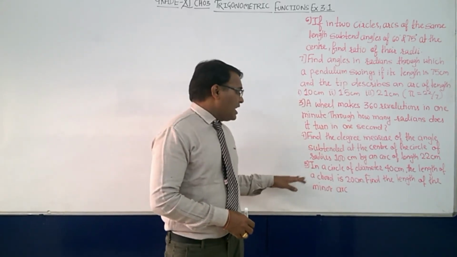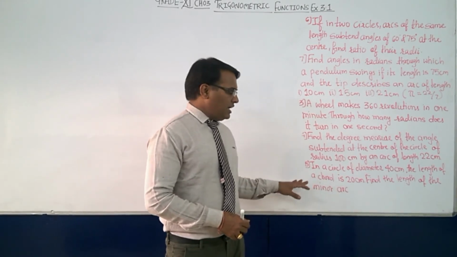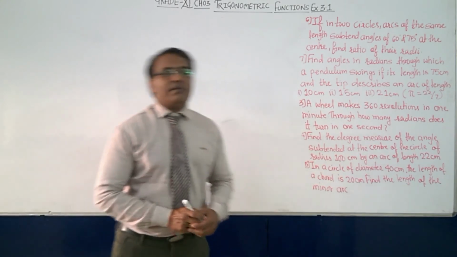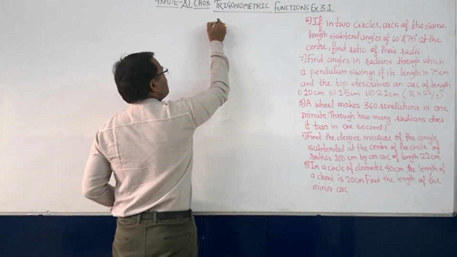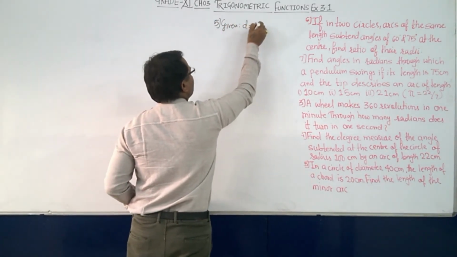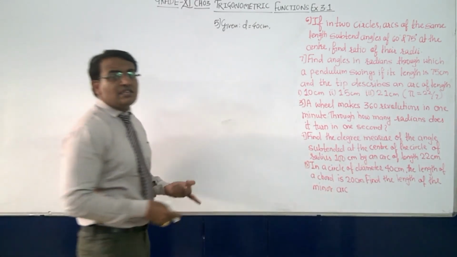Sum number 5. In a circle of diameter 40 centimeter, the length of a chord is 20 centimeter. Find the length of the minor arc of the circle. So what we can do is, sum number 5, given. What is given? Diameter is 40 centimeter. If diameter is 40, what will be the radius? Half of it.